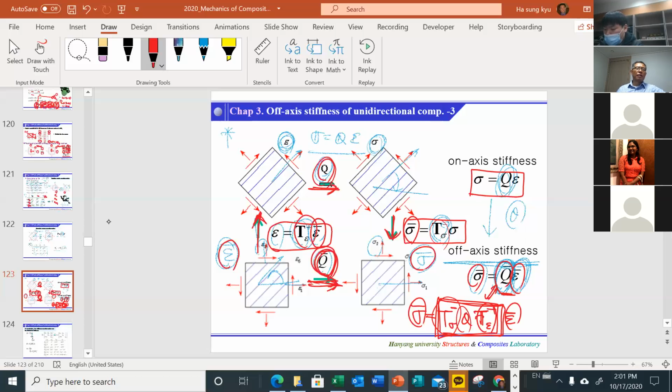So as we expected, Q is the on axis stiffness, and Q bar is a function of theta. This is nothing but Q bar. Q is the material property, and T sigma and T epsilon are functions of theta.